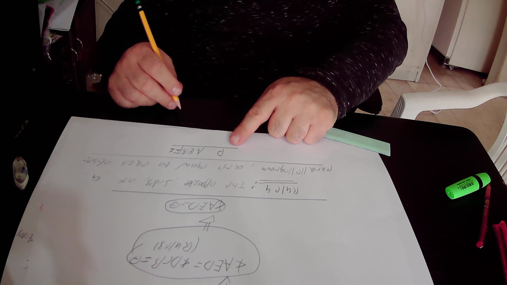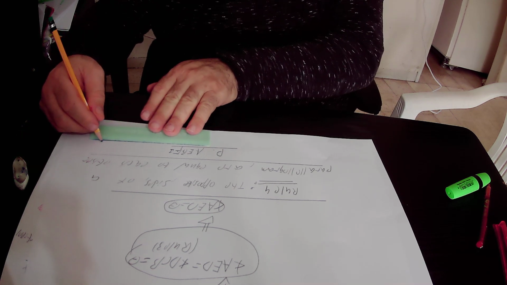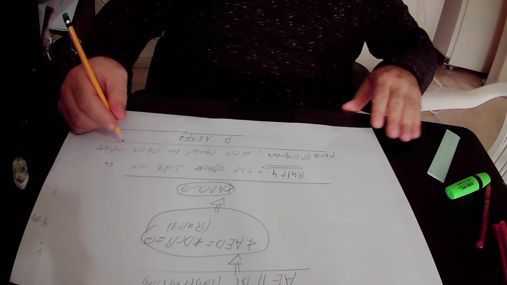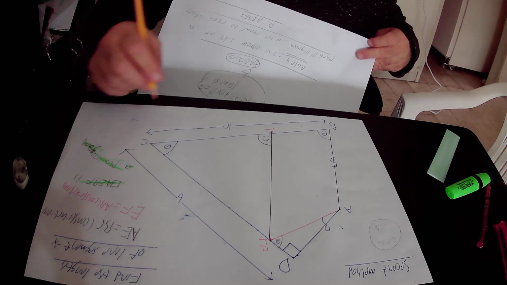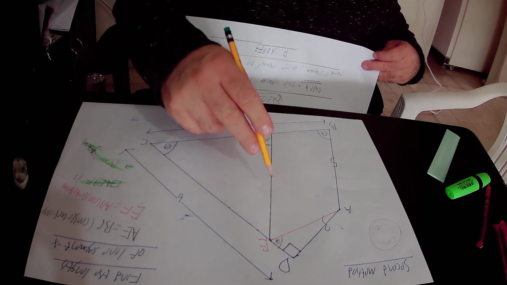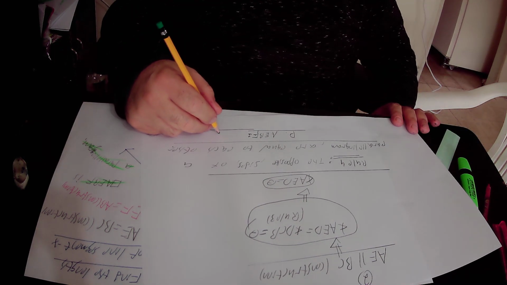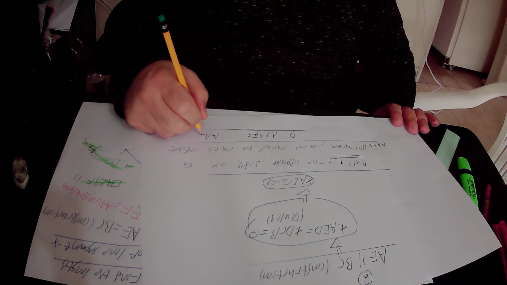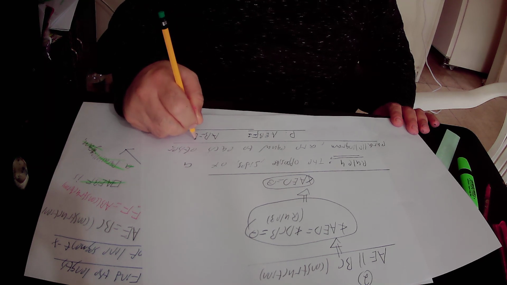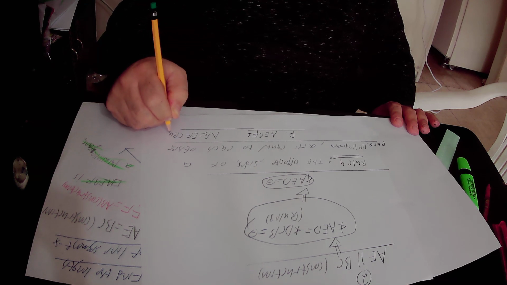So in parallelogram AEBF, we know that AB equals EF according to rule number 4, that the opposite sides of a parallelogram are equal to each other.